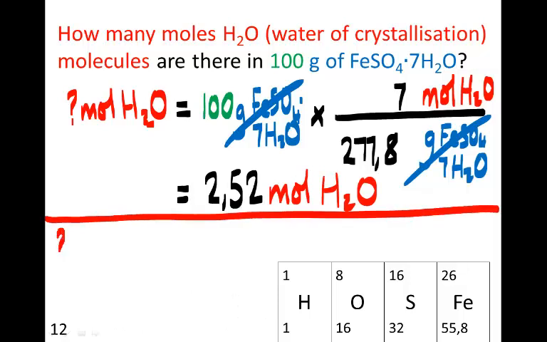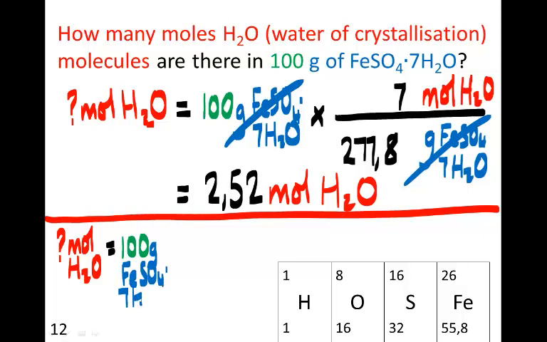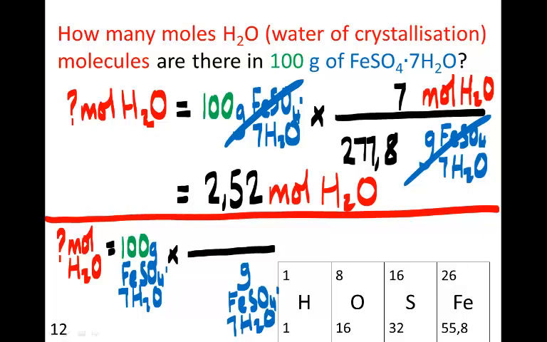Now again, we could have broken this up into 2 steps. Let's quickly do that. How many moles of water of crystallization in 100 grams of iron sulfate, which has water of crystallization in it? So let's do it in 2 steps now. We know we need grams of iron sulfate at the bottom. And what we know from the periodic table is that 277,8 grams of iron sulfate is 1 mole of iron sulfate. So that gets rid of grams iron sulfate. We're happy about that.